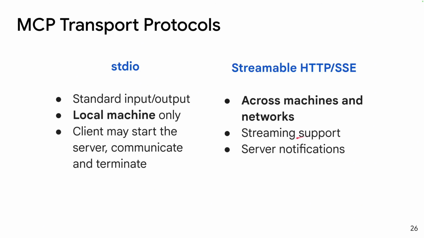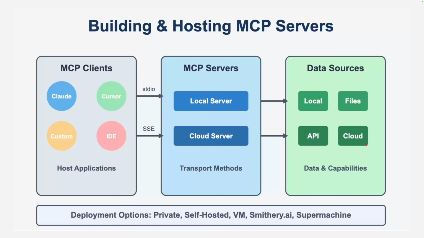If streaming is supported, then you will get a server notification. So basically, it looks something like this. Say you have Claude or Cursor or an IDE or any custom application. This will be your host. Inside your host, there will be an MCP client. Depending on whether you are using a remote server or a local machine: if it's a local machine, then you use standard I/O.